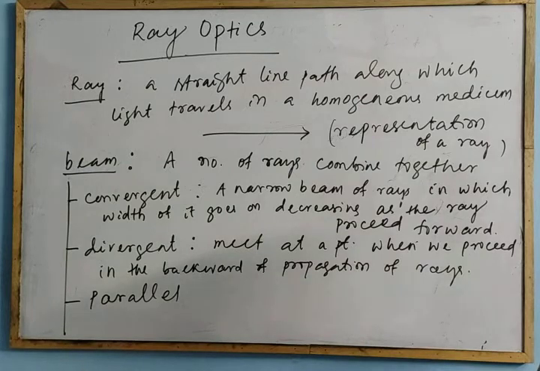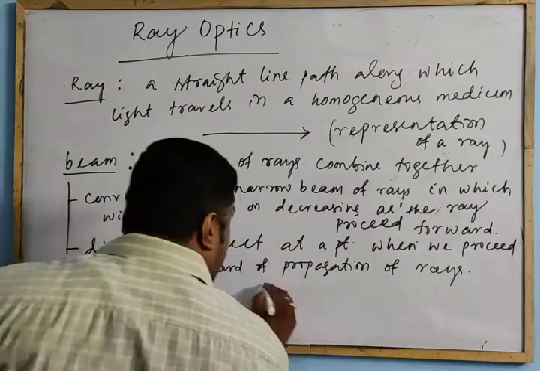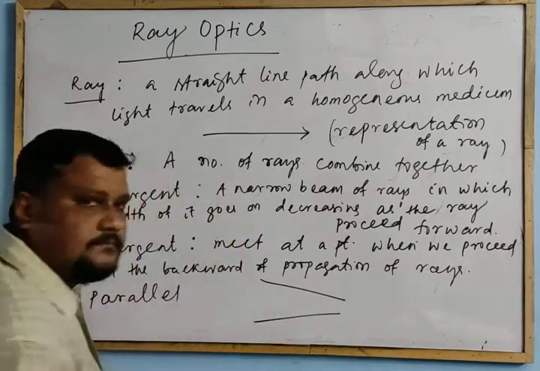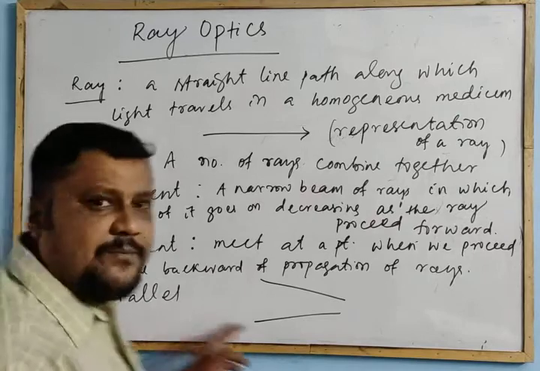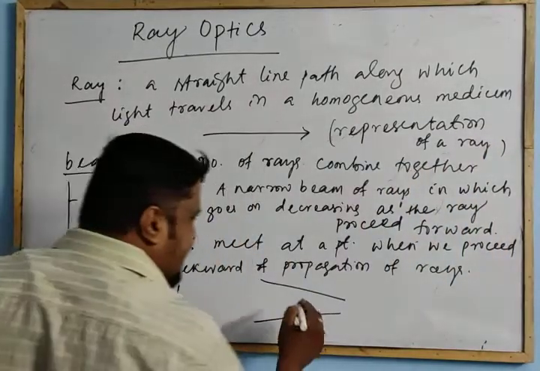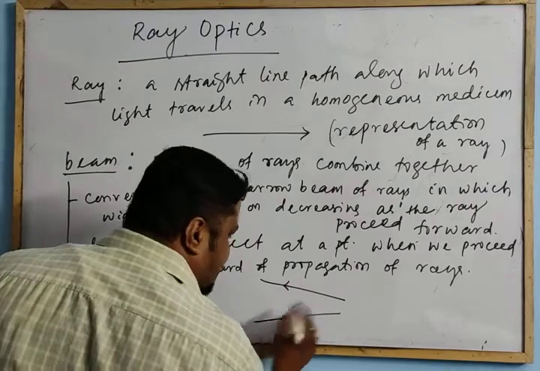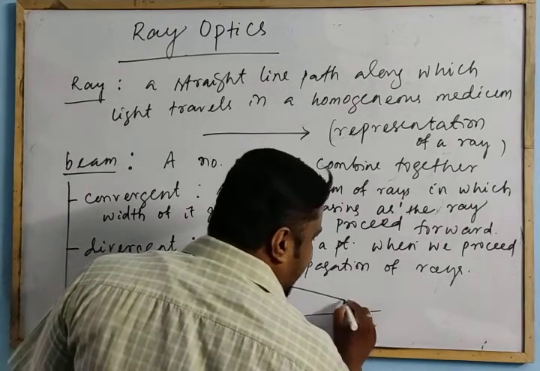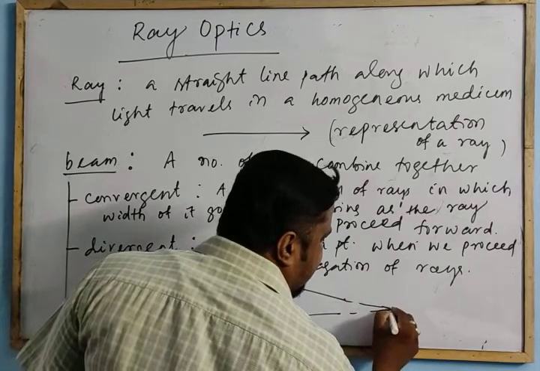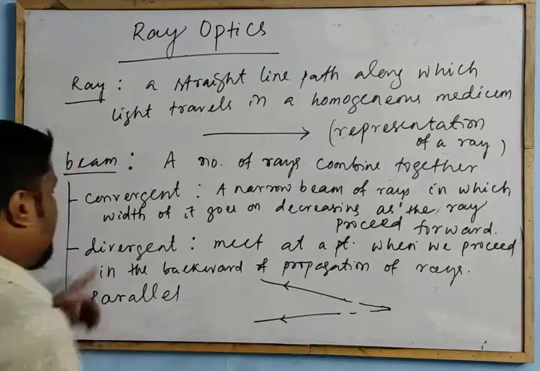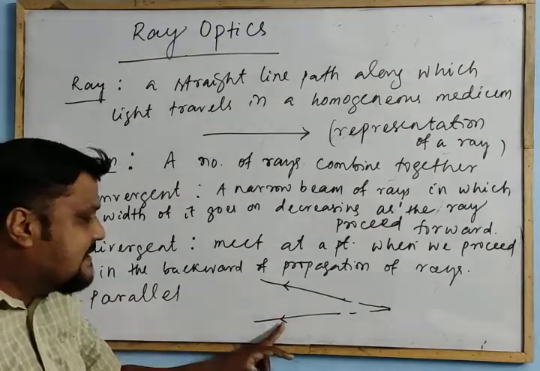Propagation of rays means, suppose the rays are proceeding like this. Clear? When we proceed, the rays are traveling like this, but when we go back, they meet at a point. This is a divergent beam.